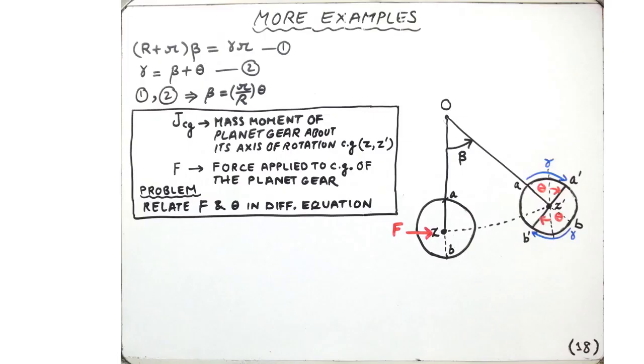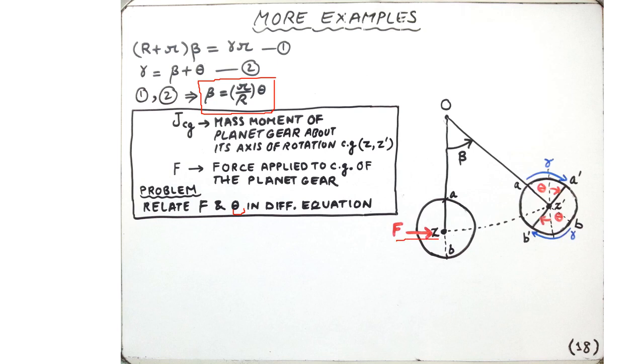All right, so once kinematic analysis is complete, we have noted that theta and beta are related by the following equation. The formal problem statement requires us to relate theta with the force.